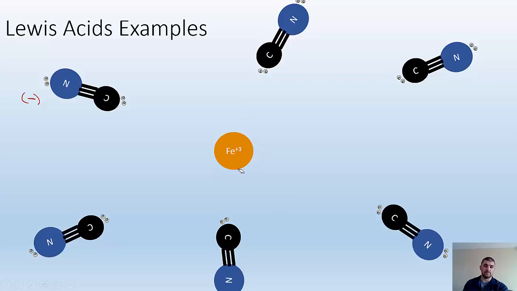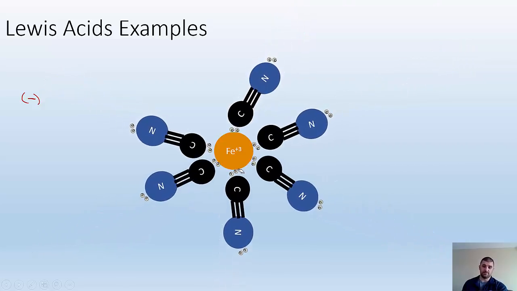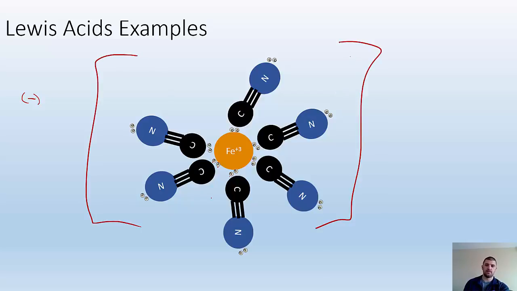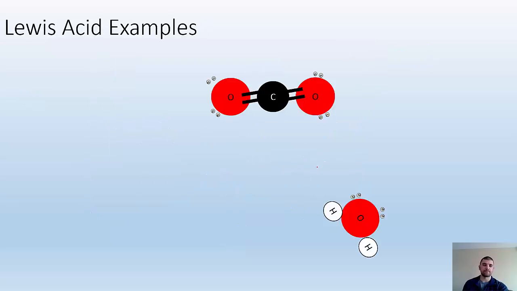Opposite charges attract. So that's what's going to happen. Iron's going to end up being surrounded by these unshared electrons, making a complex. Okay? So overall, this complex has a -3 charge, because each one of these is -1, and we got a +3 in there, so overall it's a -3, and it forms this complex.